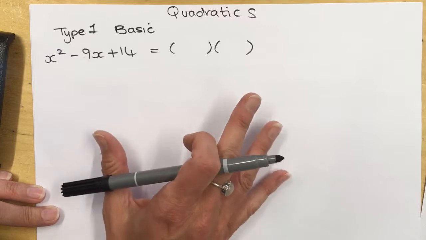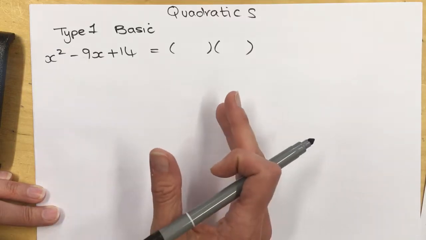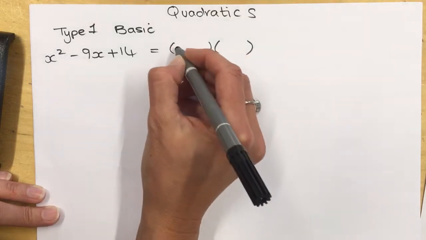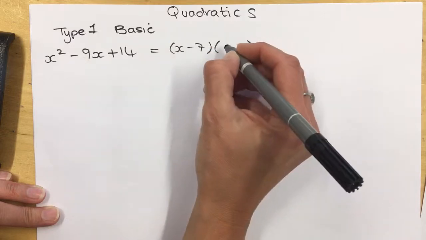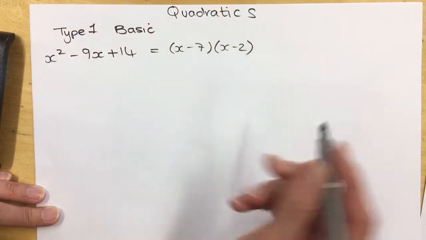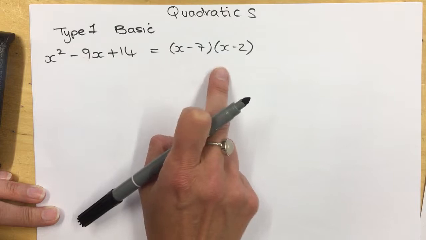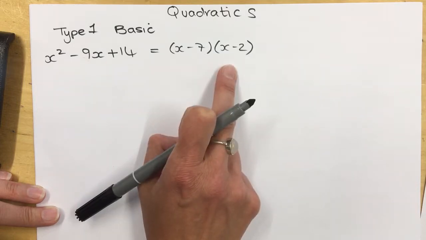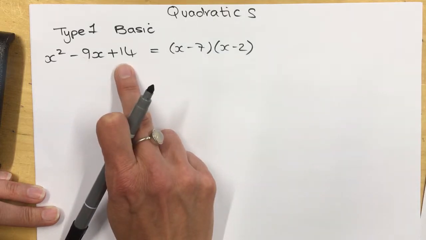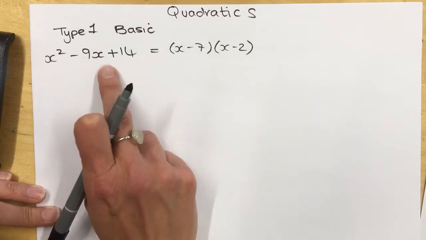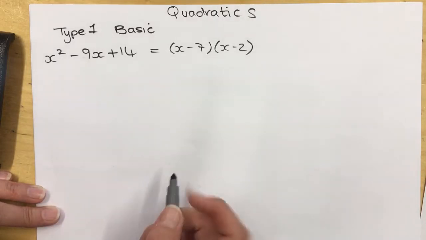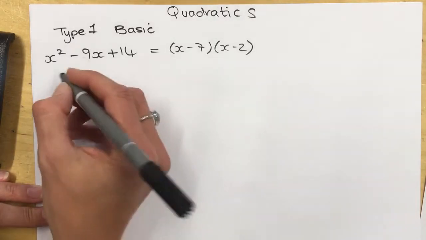Now, I'm going to suggest you go watch the video on how to do the factorisation, because that will explain it. So that minus 2, basically minus 7 times minus 2 gives you the positive 14, minus 7, add minus 2 gives you the minus 9. So that's the basic type number 1.